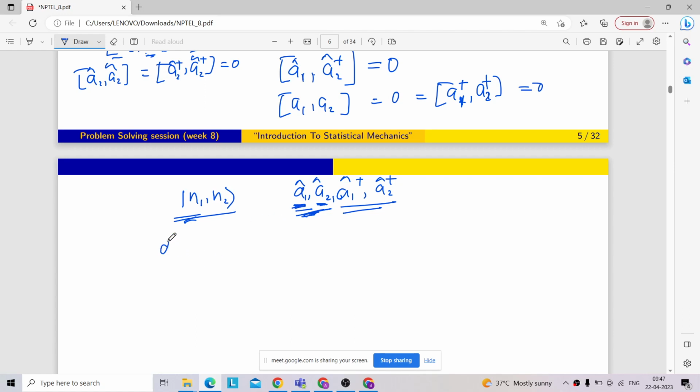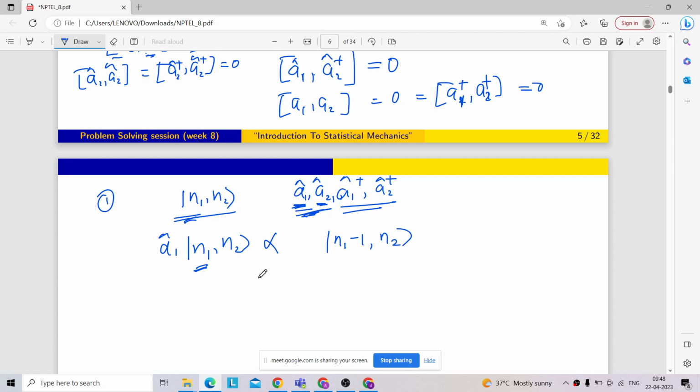So if I apply A1 on this N1, N2 state, what will it do? It will annihilate a particle in its system. The first number represents the number of excitations or particles in the first system, right? So it will annihilate a particle in its system, but it can't affect the second system, so the second system will remain as it is.